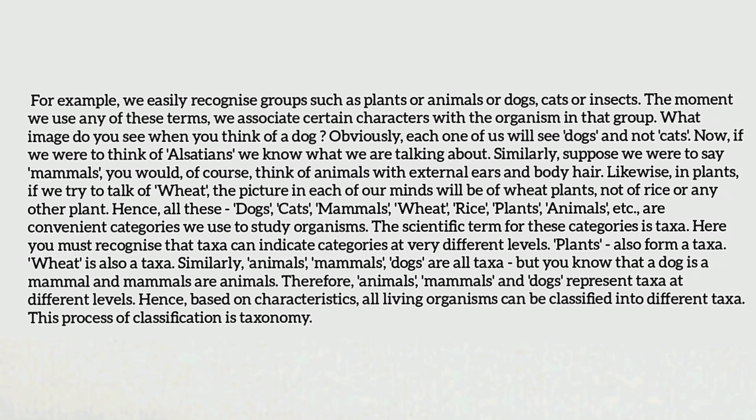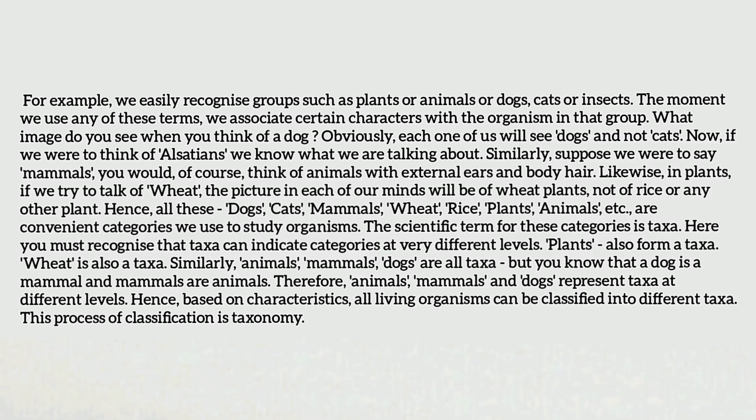For example, we easily recognize groups such as plants or animals or dogs, cats or insects. The moment we use any of these terms, we associate certain characters with the organism in that group. What image do you see when you think of a dog? Obviously, each one of us will see dogs and not cats. Now, if we were to think of Alsatians, we know what we are talking about.